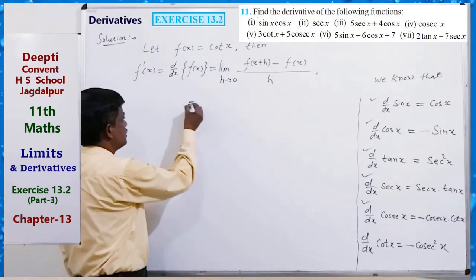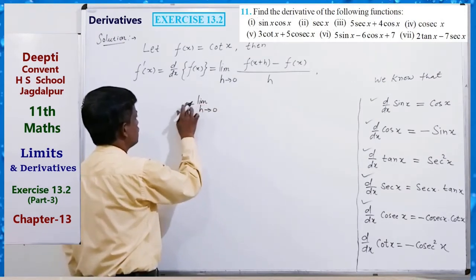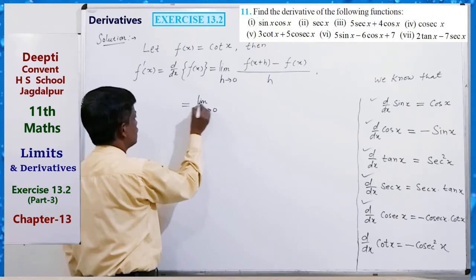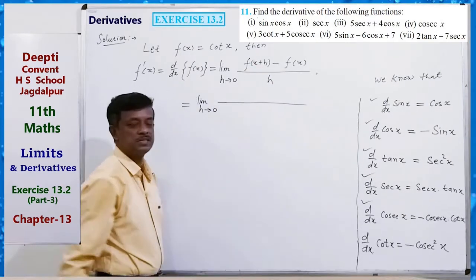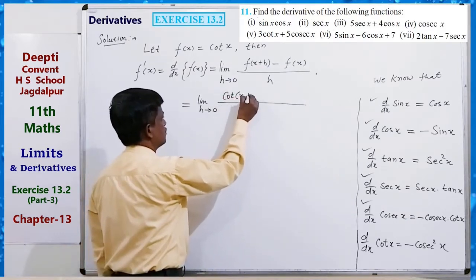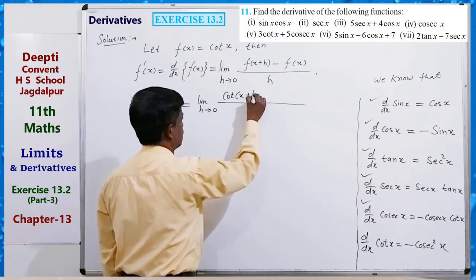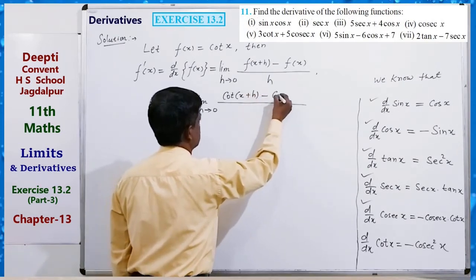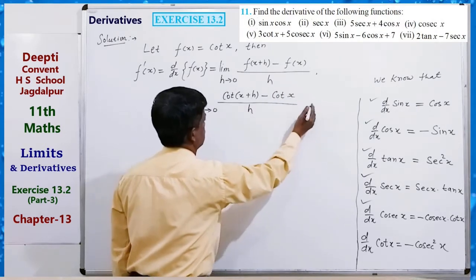So this can be written as limit h tending to 0, f(x plus h) means cot(x plus h) minus cot x upon h.